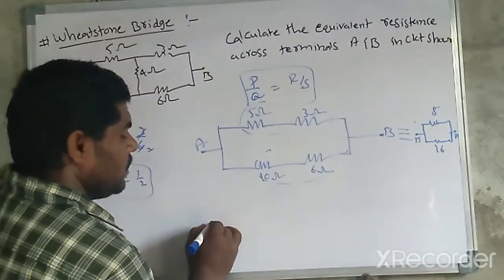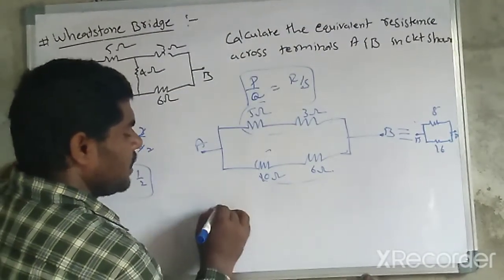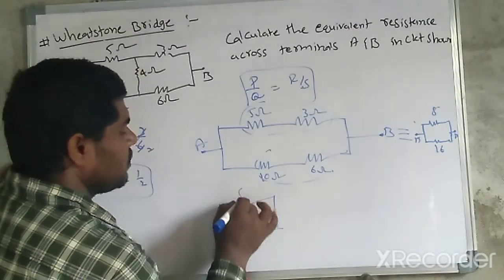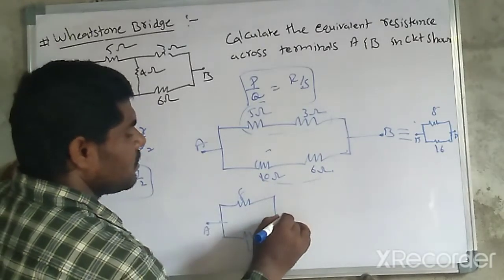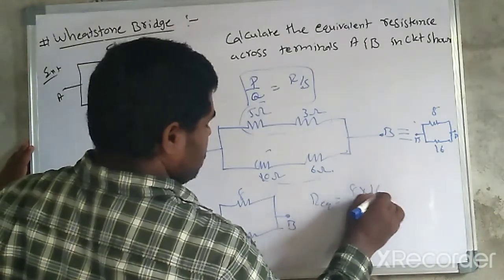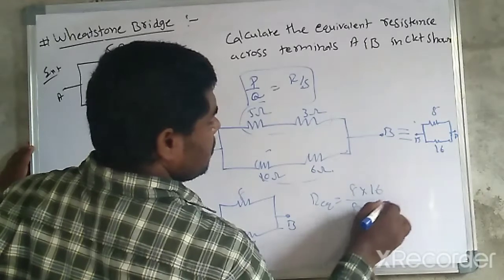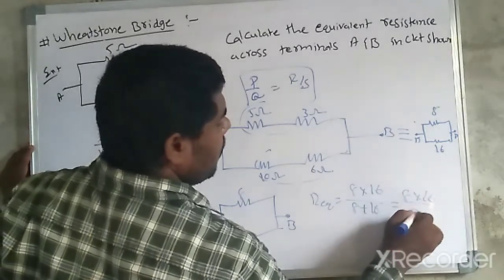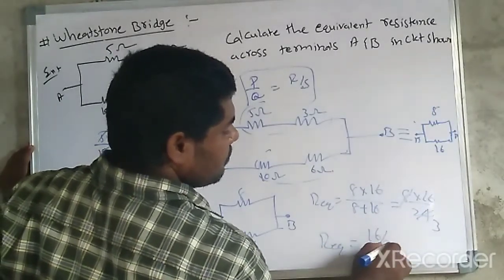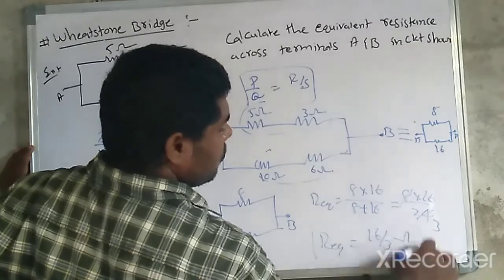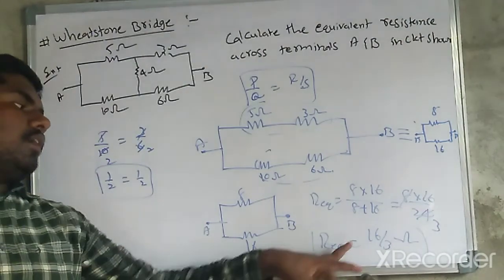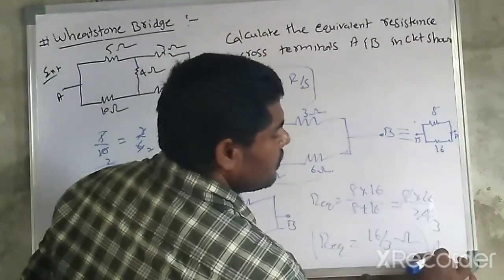In the parallel combination, R equivalent is equal to 8 into 16 divided by 8 plus 16, which is 8 into 16 divided by 24. So R equivalent is 16 by 3 ohms. This is the equivalent resistance across terminals A and B, and this is the answer to the question.